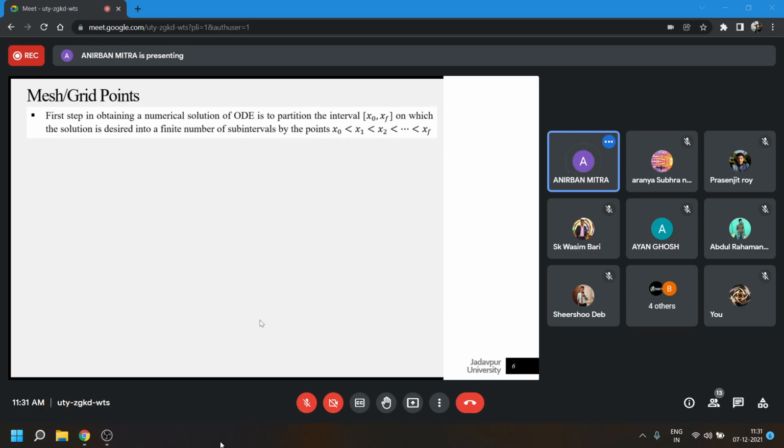We divide this region x0, xf into a finite number of subintervals, which is represented by the points x0, x1, x2 going up to xf. Obviously, the x0 and xf points are the extremities. x0 is the initial one, xf is the final one. And in between, we obtain these mesh or grid points represented by x1, x2 going up to xf minus 1.